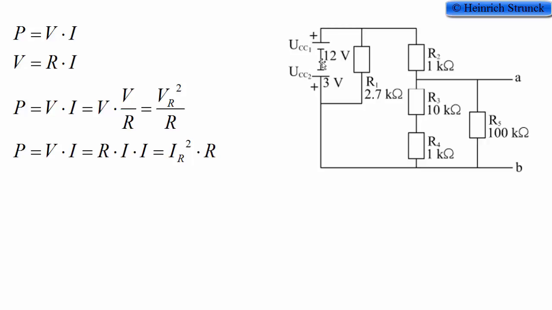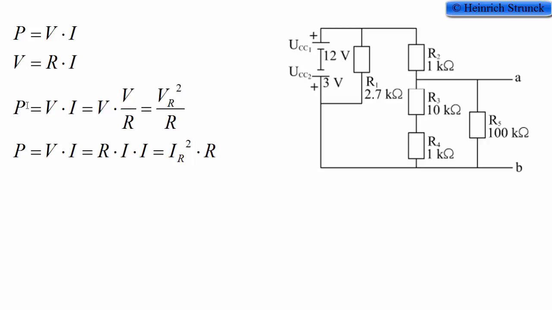That could be the voltage for a power supply and the current from the power supply. Then we know how much power the power supply gives to the circuit. And we also know, for example, the power for this resistor is the voltage across the resistor times the current which goes through the resistor.